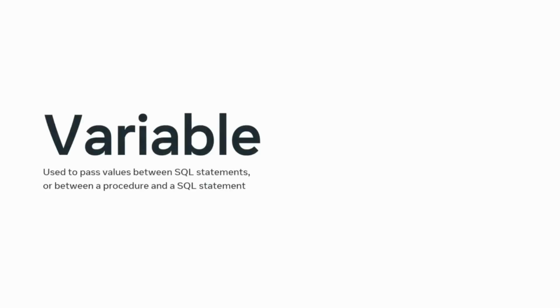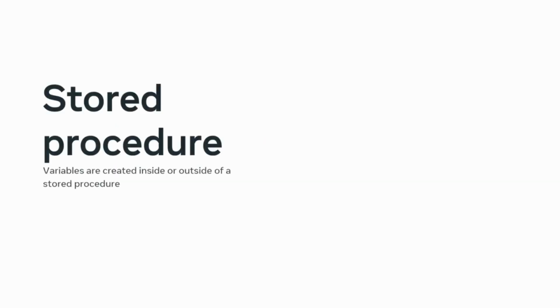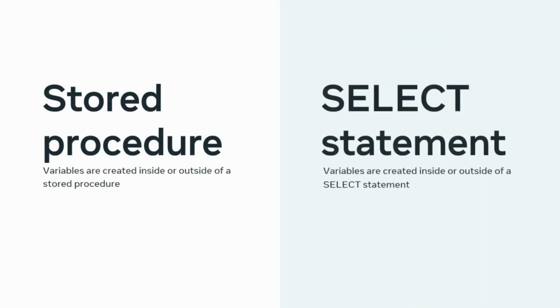You then learned how to make use of variables and parameters to create more complex stored functions and procedures in MySQL. You learned that variables are used to pass values between SQL statements or between a procedure and a SQL statement. You can create variables inside or outside of a stored procedure, and inside or outside of a select statement.